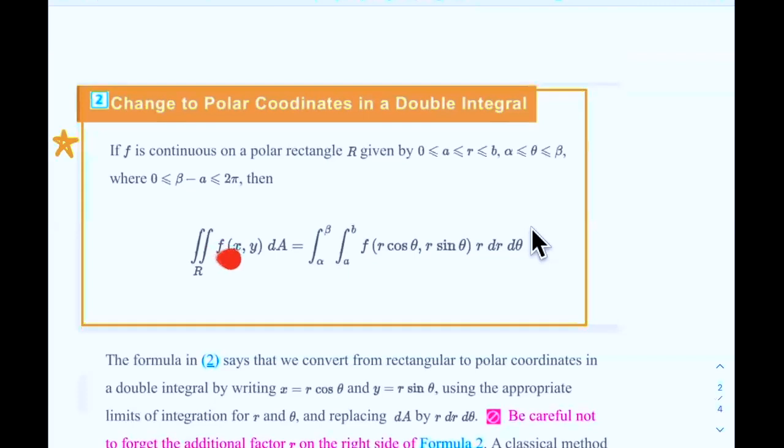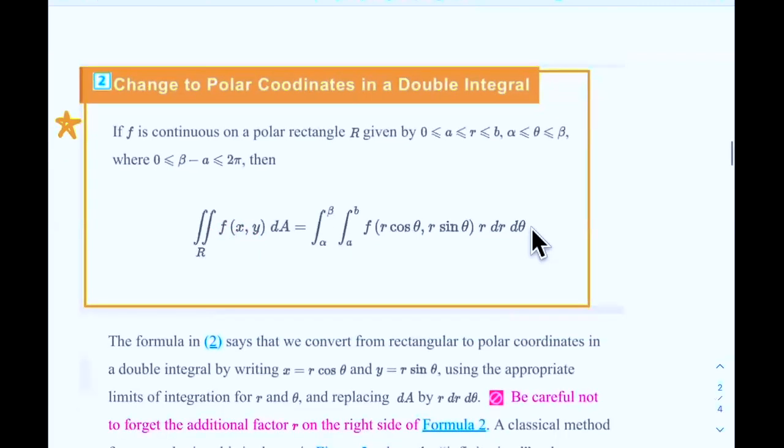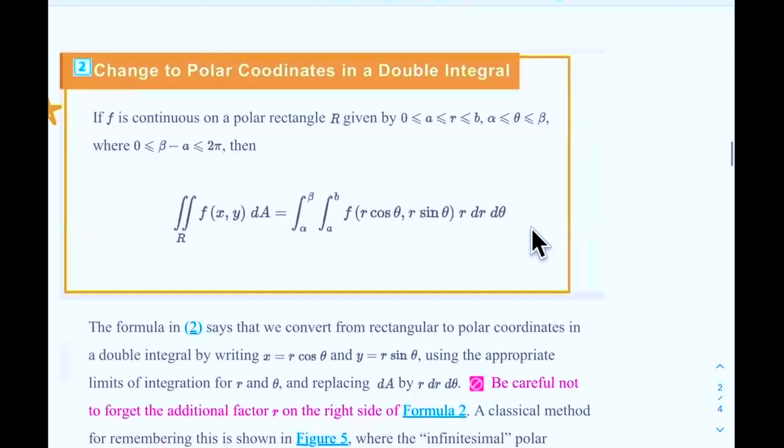If you integrate this continuous function over a polar rectangle region R, where r is between a and b, and theta is between alpha and beta, then you can change this double integral into this double integral.